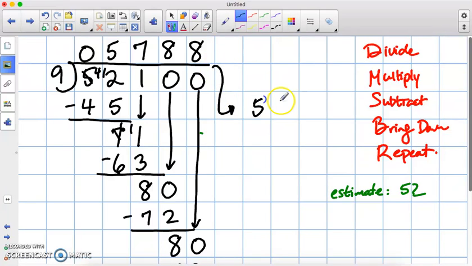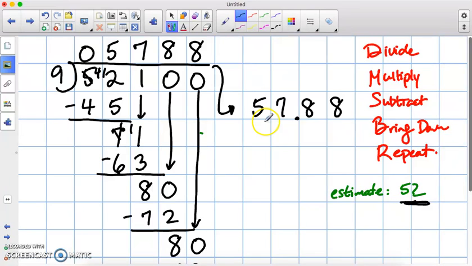We have 5788. So where are we going to place the decimal point? If we look back to our original estimate of 52, we know that our answer has to be around 52. So the decimal point has to go between the 7 and the 8.